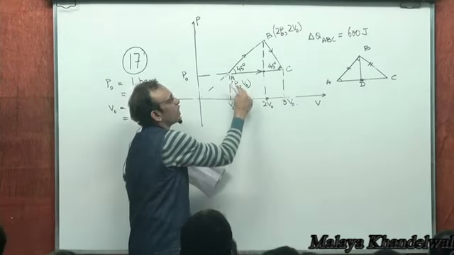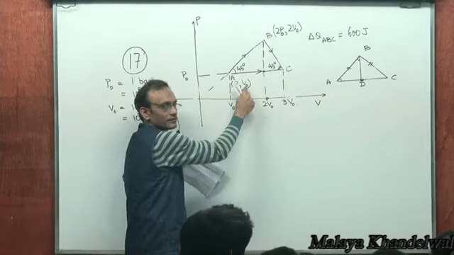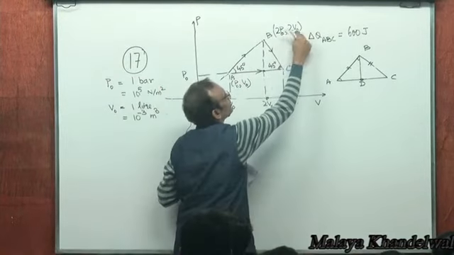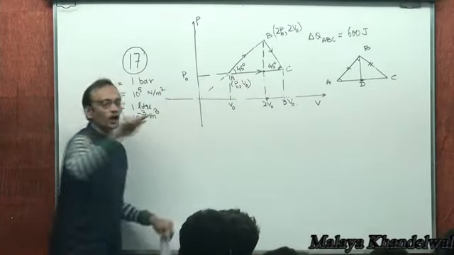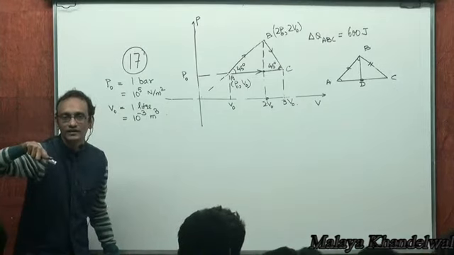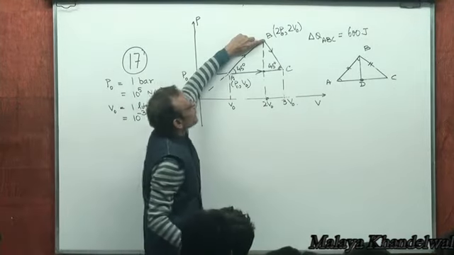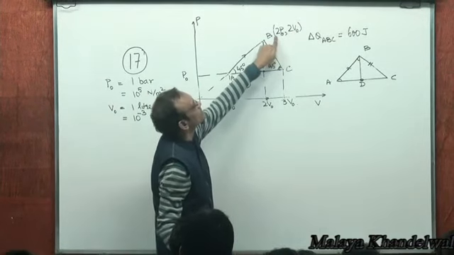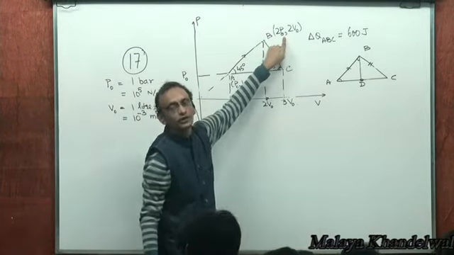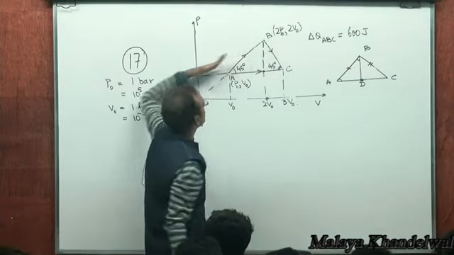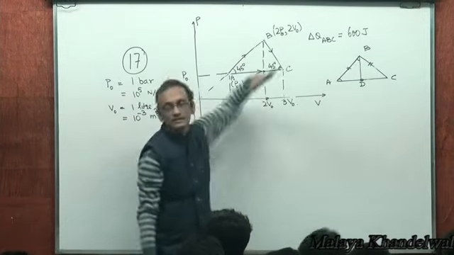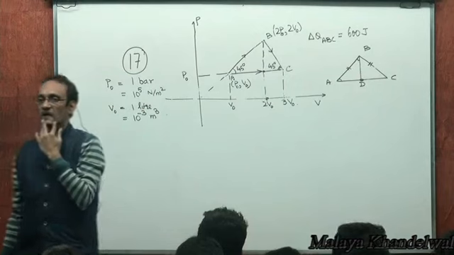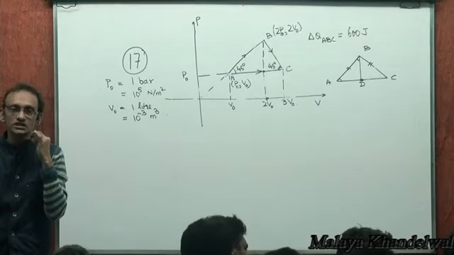So if this is P0 equal to V0 here, this will be 2P0 equal to 2V0, because P0 and V0 are numerically 1 unit drawn on the scale. So if this volume is 2 units, 2 liters, the pressure must be 2 bars, because this is the line y equal to x. Have you registered this?